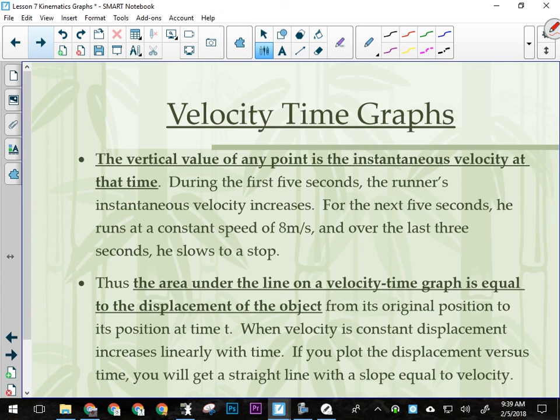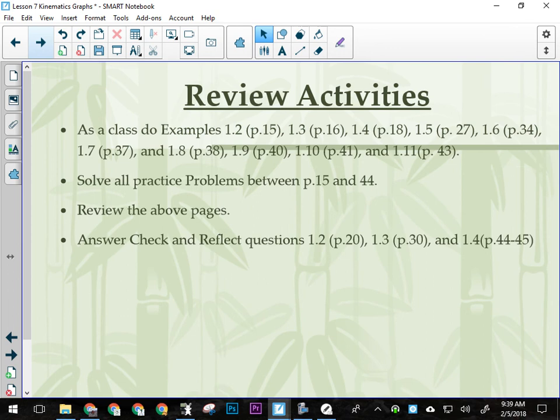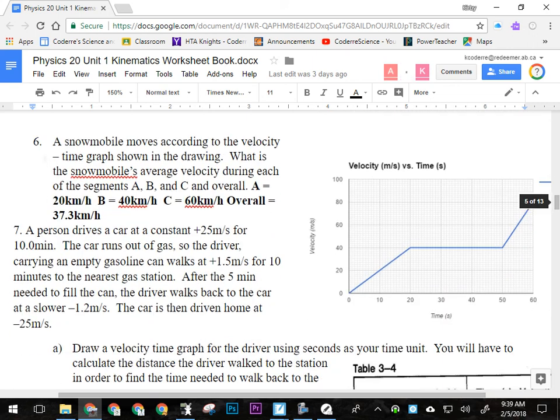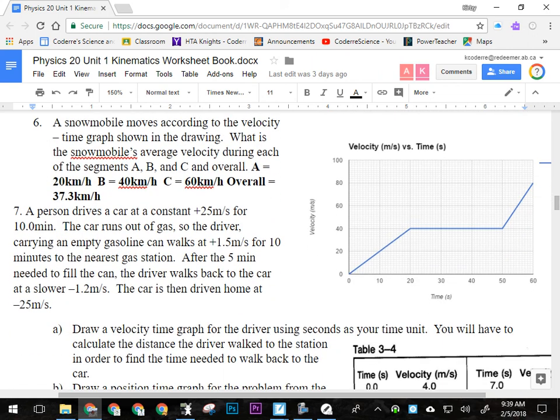All right, so hopefully that's all review and familiar to everybody. Now I want you to try a velocity versus time graph question. Try number 6. This is the graph for number 6.